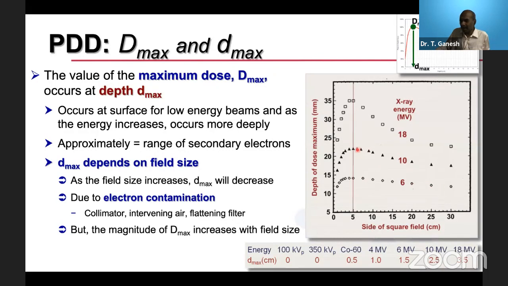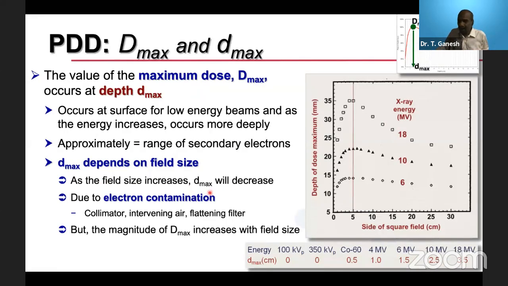For 10 MV, here it is maximum around, say, 22 mm, but as the field size is increased, it is now 18 mm or 19 mm. And for 18 MV, here it is maximum at 35 mm, but as the field size is increased, it keeps on reducing, and now the maximum occurs at only 25 mm. So as the field size increases, the depth at which the dose maximum occurs will decrease.